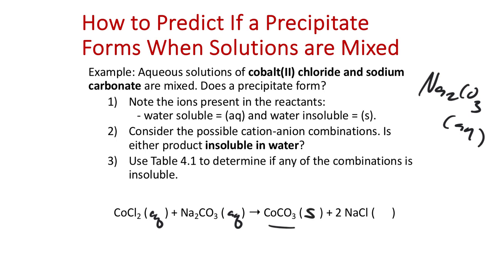So if I mix these two solutions together, I should lead this compound to forming a solid, and then my sodium chloride is water soluble. So let's take a look at that reaction and get a picture of it. So just really simple now, just taking the cobalt chloride and sodium carbonate and mixing them together.